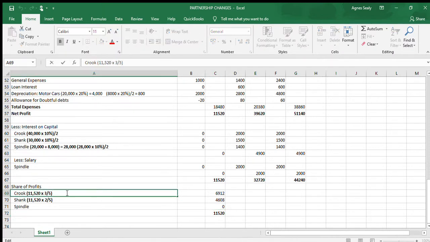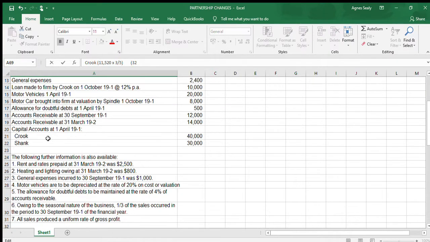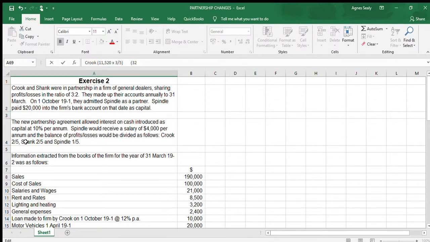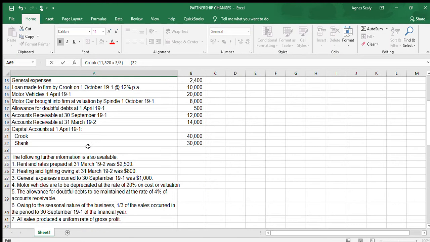So then for the second period, let's look at the ratio here. Seeing that they have the new agreement, Spindle will receive a salary of $4,000 per annum, and the balance of profits or losses will be divided as follows. Crook will get 2/5, Shank will get 2/5, and Spindle will get 1/5.